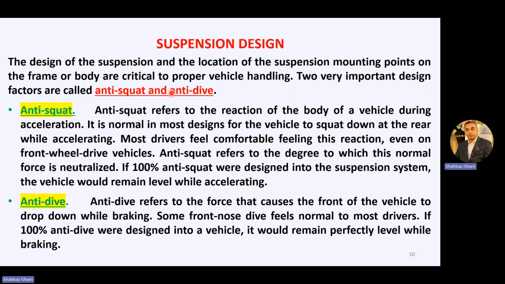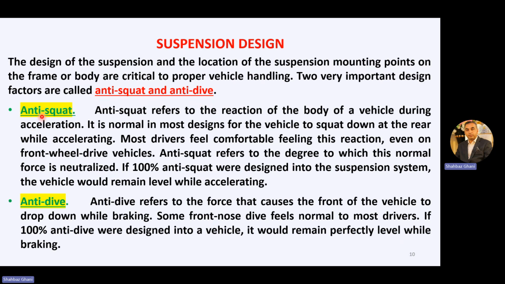Two very important design factors are called anti-squat and anti-dive. So these are two very important parameters or factors which we have to cater for while designing the suspension system. That is your anti-squat and anti-dive.